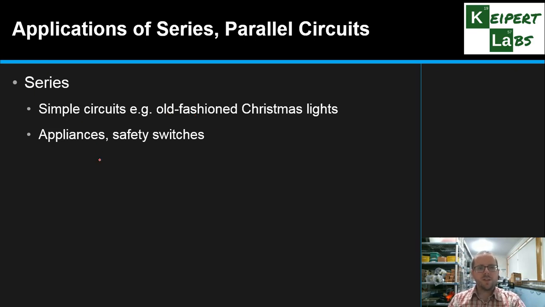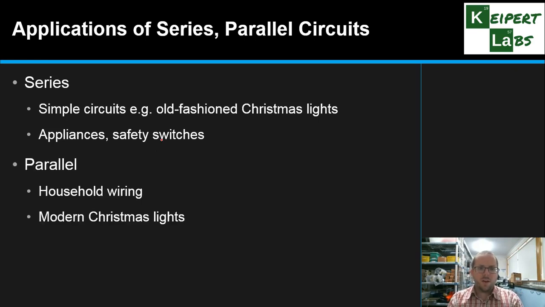But we also see series circuits in appliances or in safety switches, or setups to make certain appliances work. So, starting a whippersnipper, you have to press multiple buttons, the switches are all in series so that it travels all in one line and it can't start accidentally or unintentionally. And so going into an appliance is a series circuit because of the way that's designed.